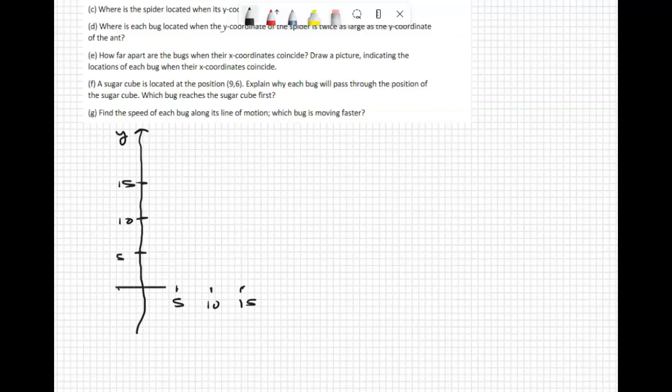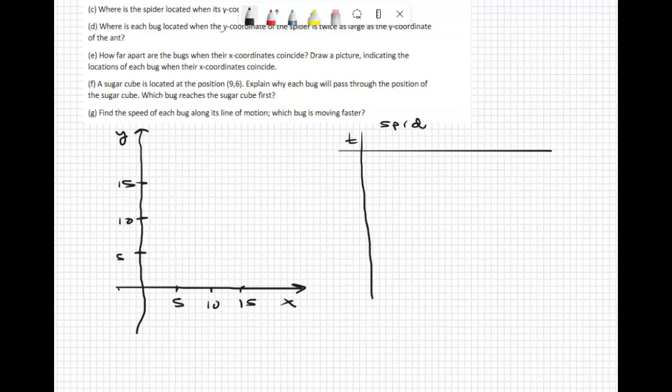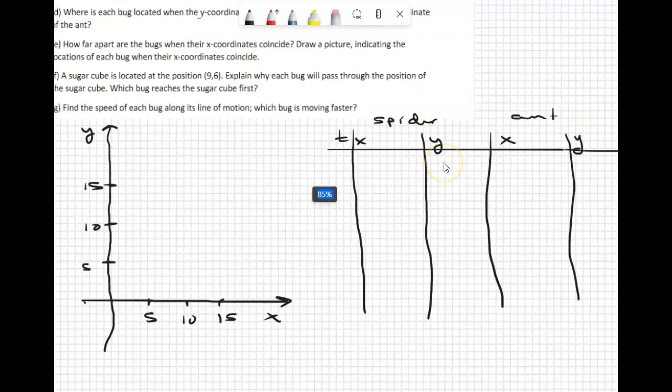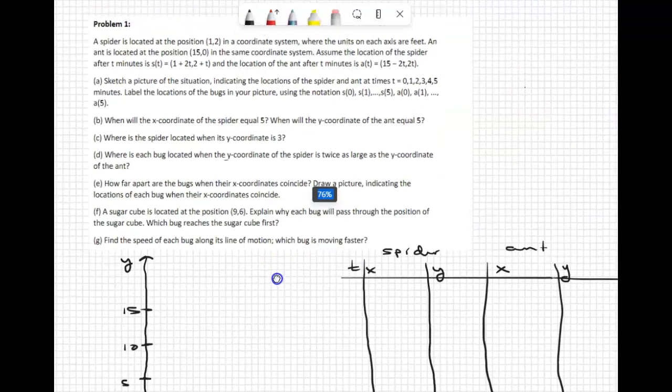So I redraw this a bit smaller. I have the time, then the x and y for the spider, and then the x and y for the ant.